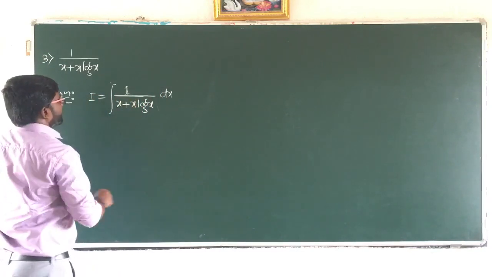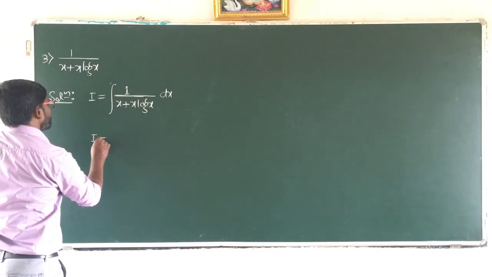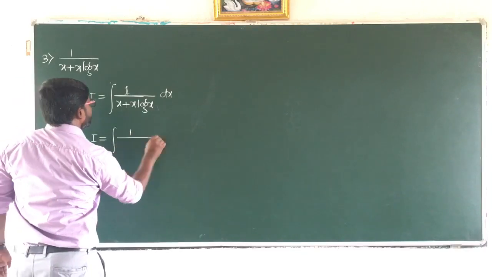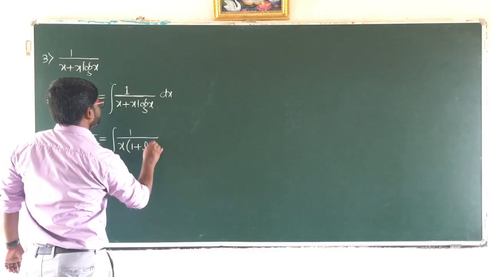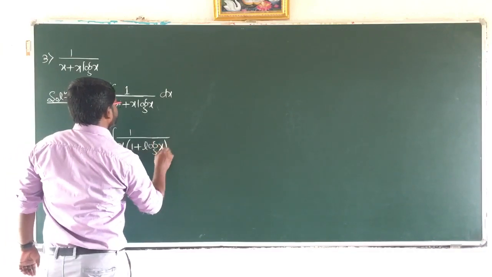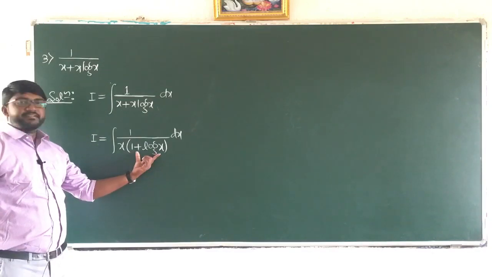So now I take x common in the denominator. I is equal to integral 1 divided by, take x common, we get x into 1 plus log x, dx. Now take 1 plus log x as t.